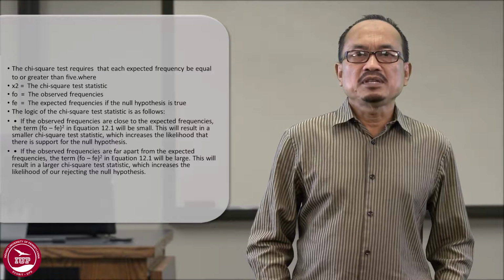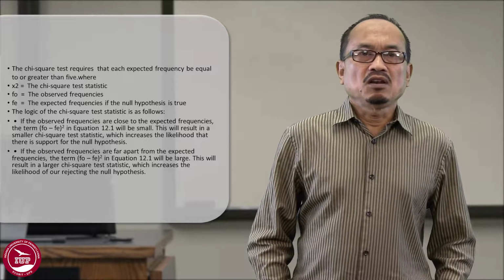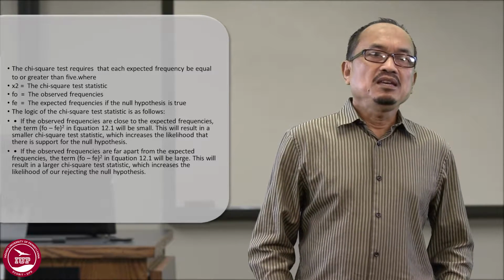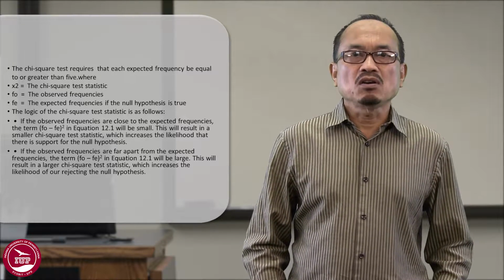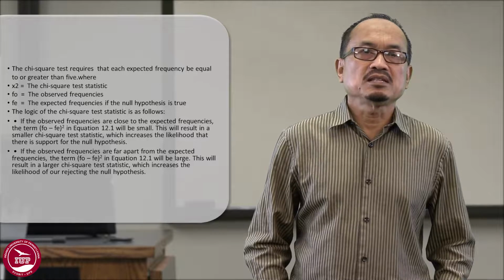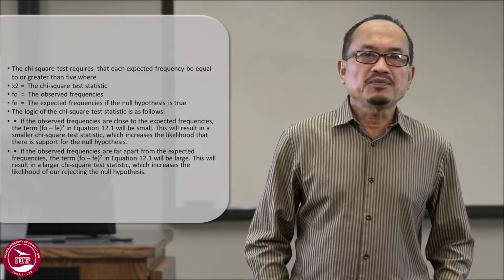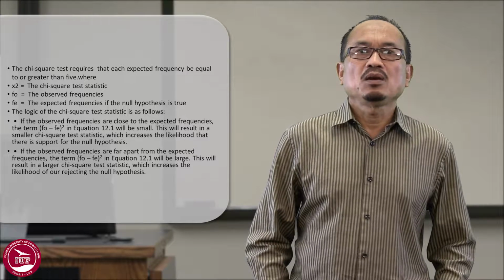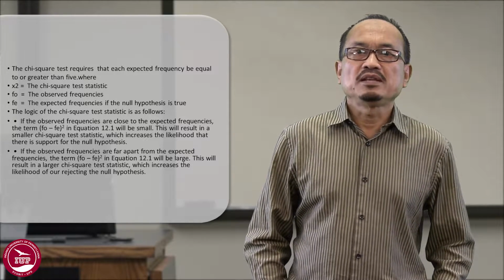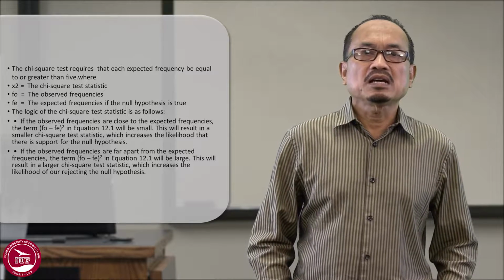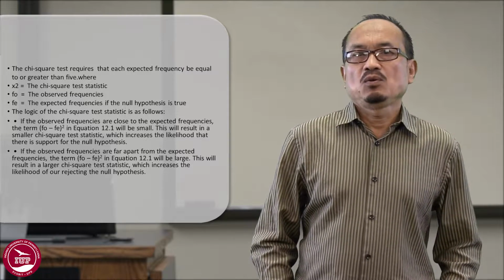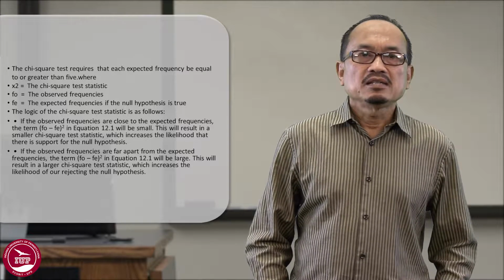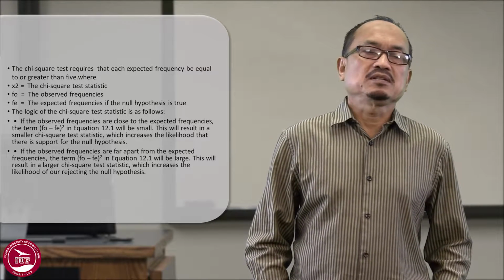If the null hypothesis is true, the logic of the chi-square test statistic is as follows. If the observed frequencies are close to the expected frequencies, the term FO minus FE squared in equation 12.1 will be small. This will result in a smaller chi-square test statistic, which increases the likelihood that there is support for the null hypothesis.